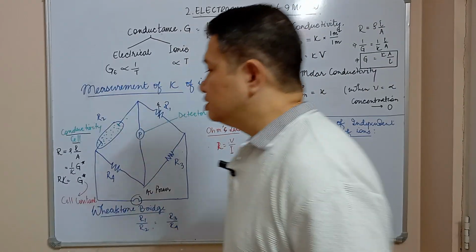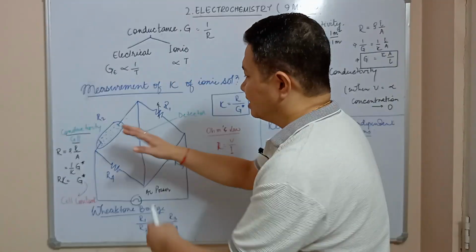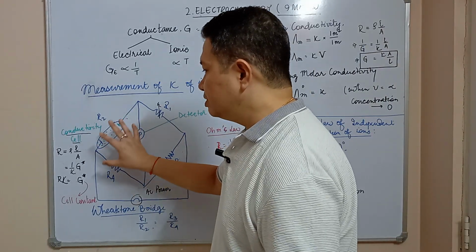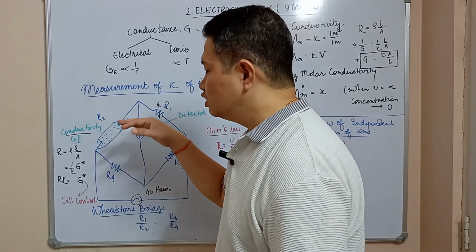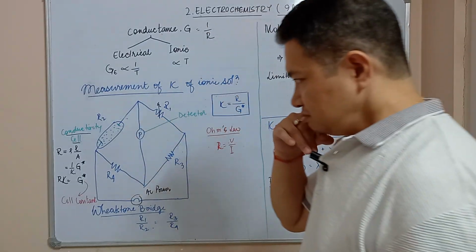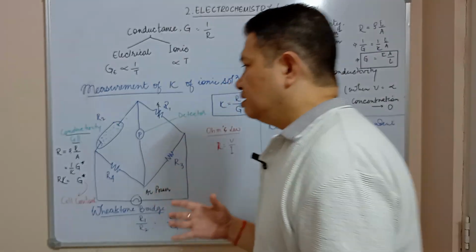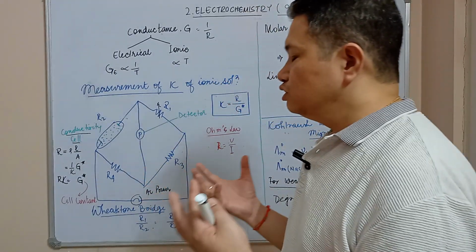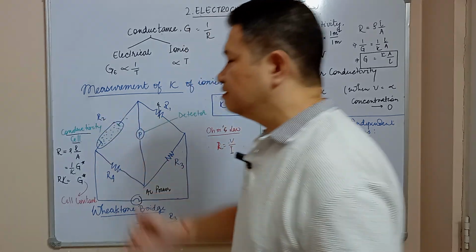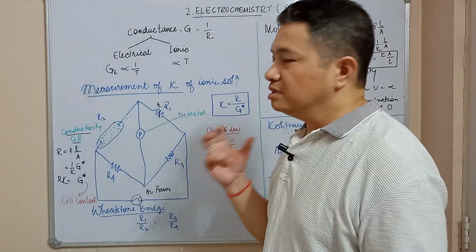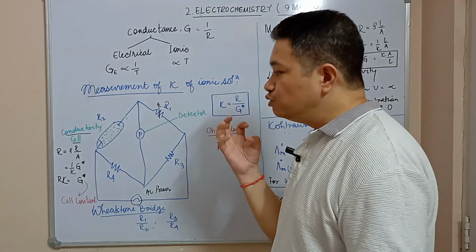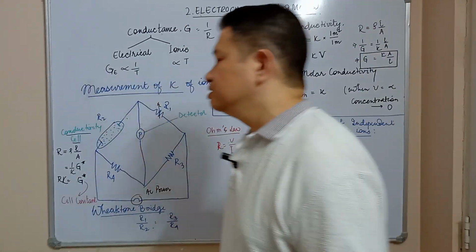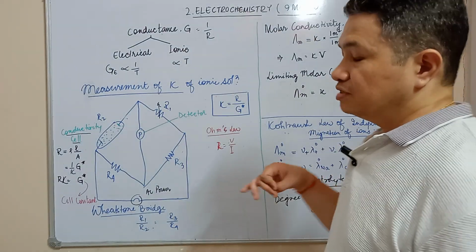Now, how will we know the cell constant? I'm not going deep into it. In order to know the cell constant of the conductivity cell, we use some ionic solutions whose conductivity is already known, at different temperatures. For example, potassium chloride.